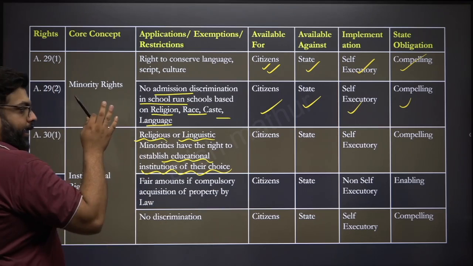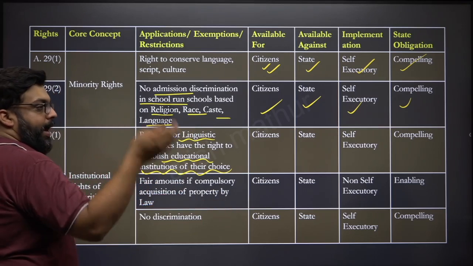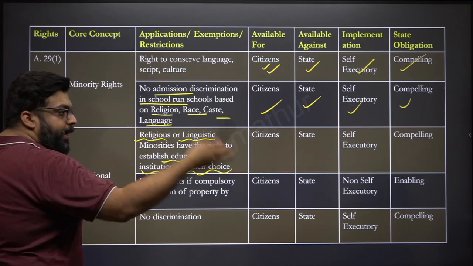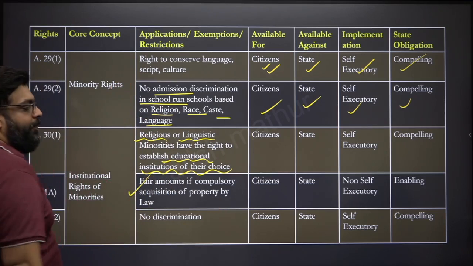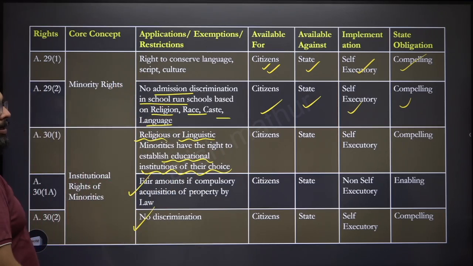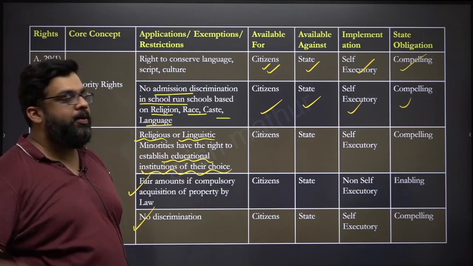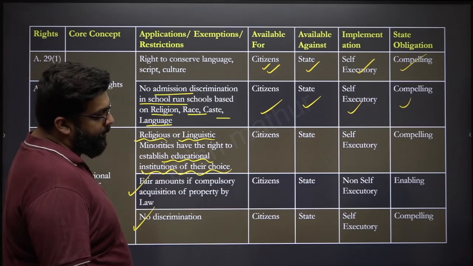And if the government is acquiring your land for something, the government will give you a fair amount of compensation, and there shall not be any discrimination while the government is making policies for different minorities to set up institutions, right?